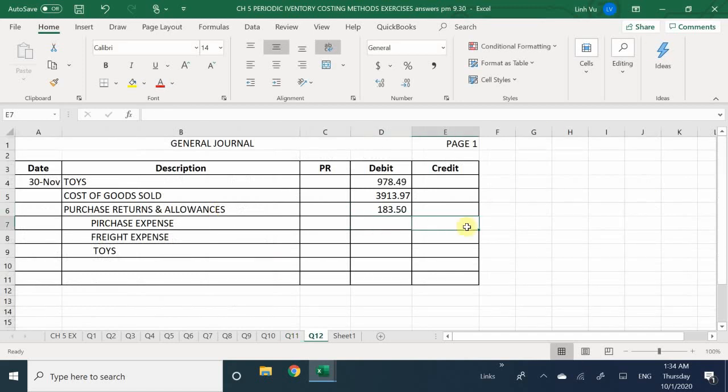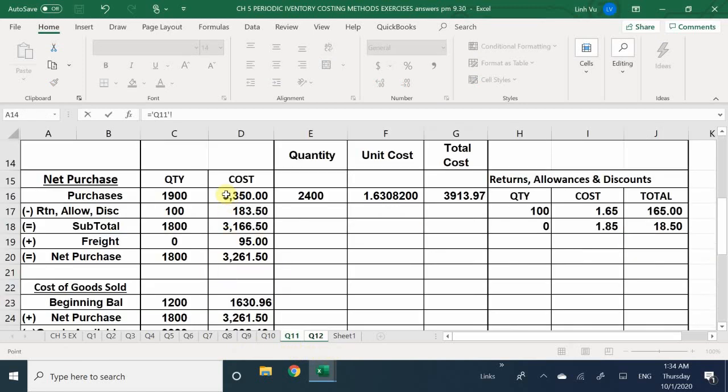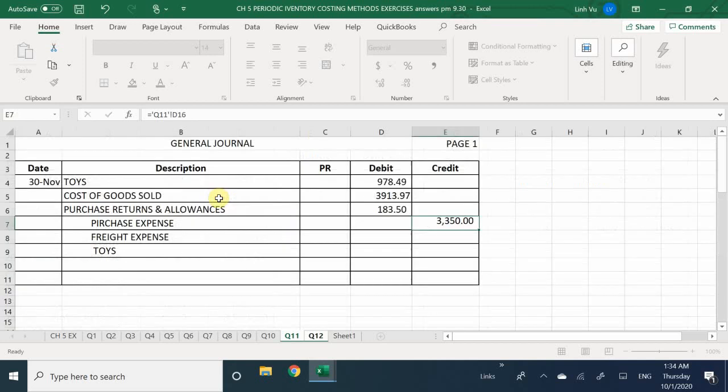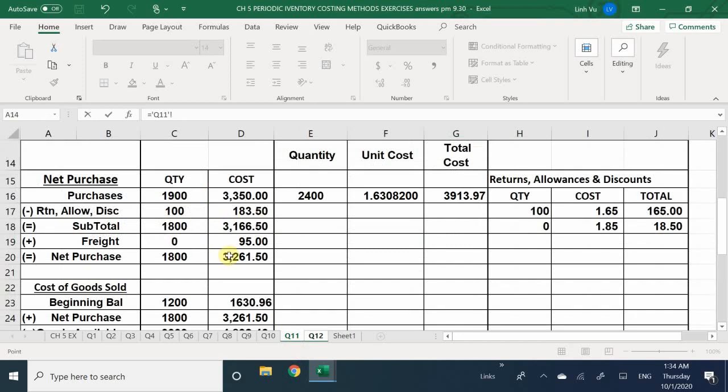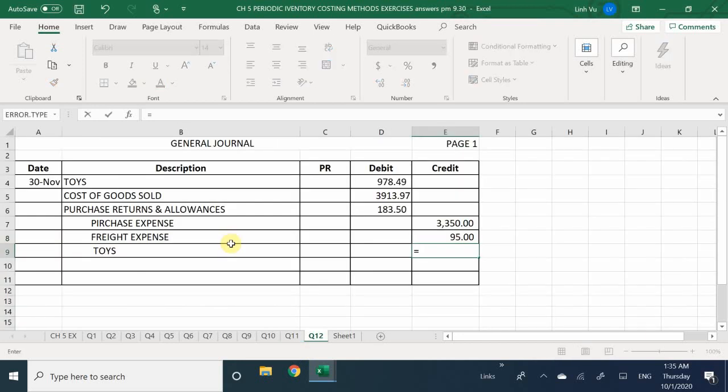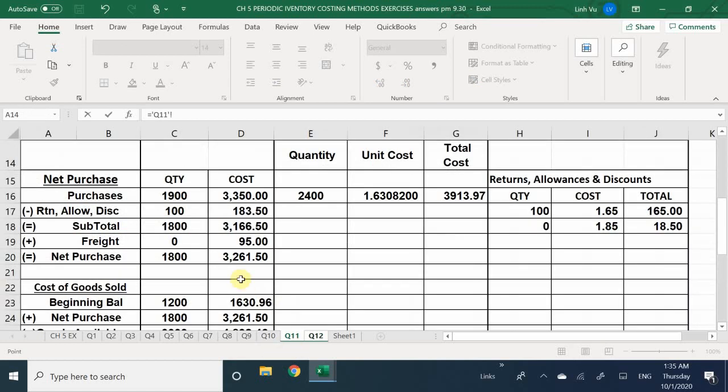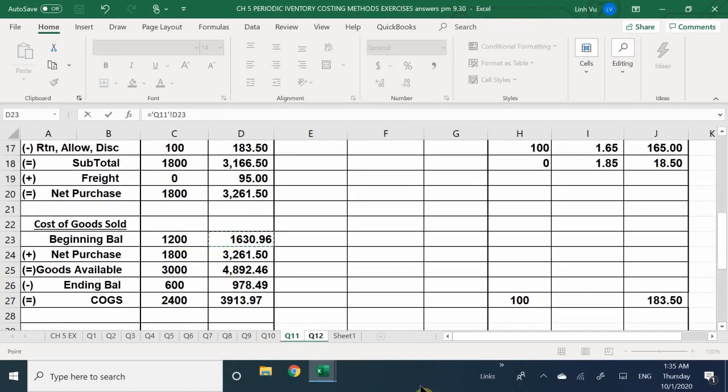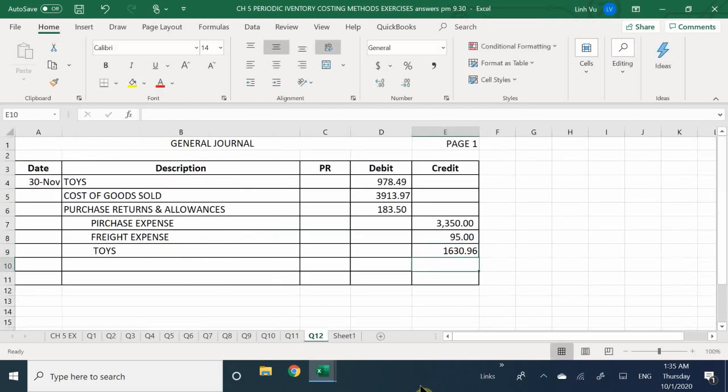And then my total purchase expense here is going to be for the 3,350. And my total freight here is going to be for the $95. And of course, lastly, my beginning inventory is going to cost me the $1,630.96 from the previous section.